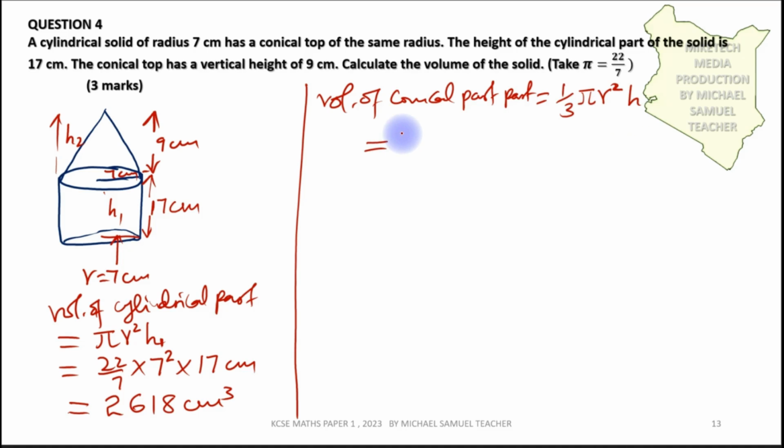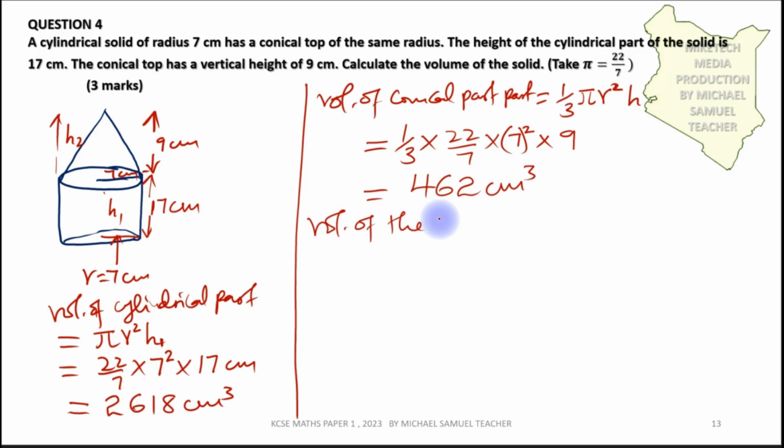For this case, we have a third times pi, which is 22 over 7, times r, which is 7 squared, times the height of the conical part, which is 9 centimeter. Using a calculator, we end up getting 462 centimeter cube.